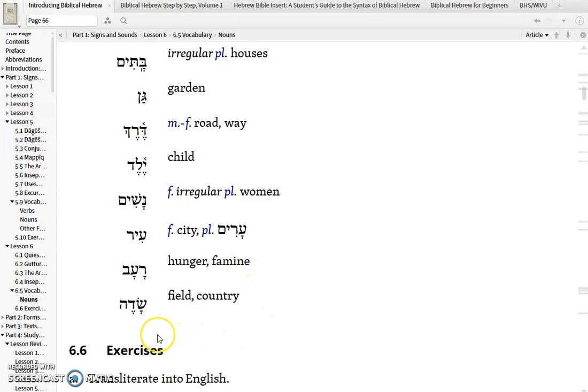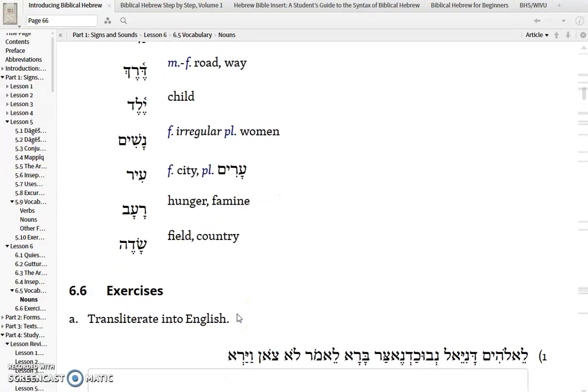And then you have sadeh, field or country. So it could be a field that they cultivate, but it could also be the field of Edom or the field of Moab, meaning the country of Moab. It's used in both senses.